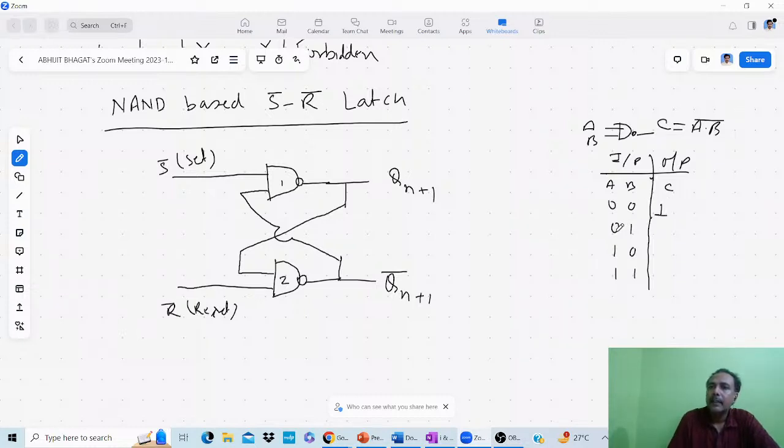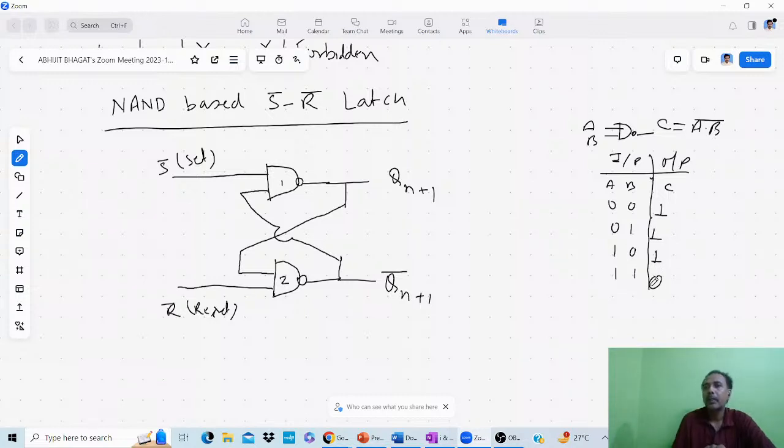Same next, when the input is 0 1, 0 into 1 is 0, and 0 bar is 1. Again it is 1. Then 1 0, 1 into 0 is 0, then 0 bar, again it is 1. When 1 1, 1 into 1 is 1, then 1 bar is 0.